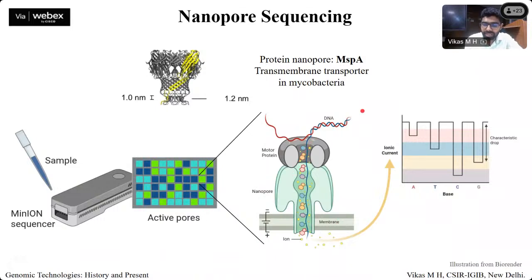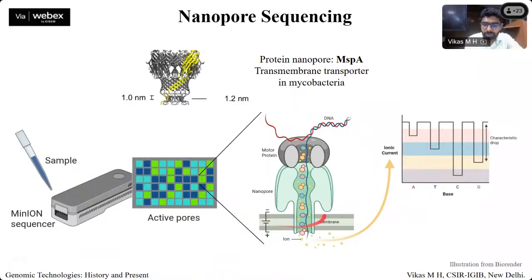Whenever there is no DNA, there is a basal level of electrical conductivity across the membrane, and that is recorded. Whenever a base passes through, it blocks a certain area of the protein, and that change in conductivity is transmitted. Each of the bases has a very distinct voltage drop, which can be detected in real time and used to sequence the DNA.